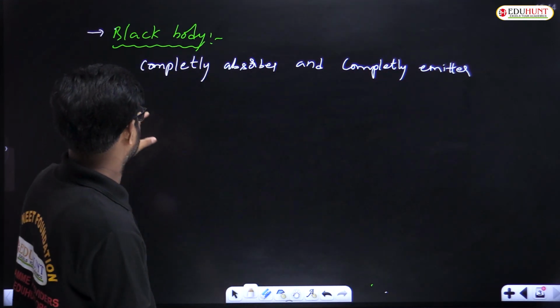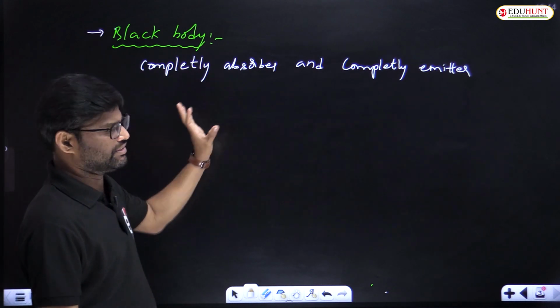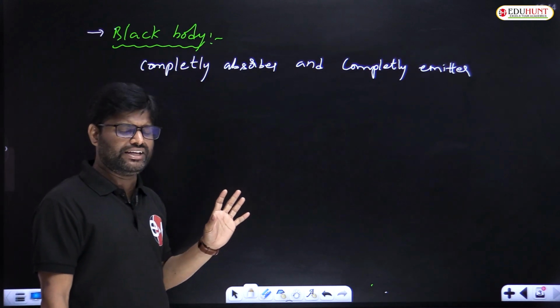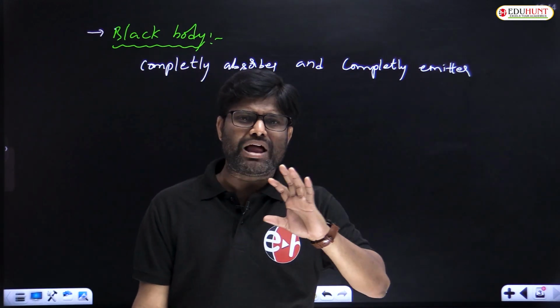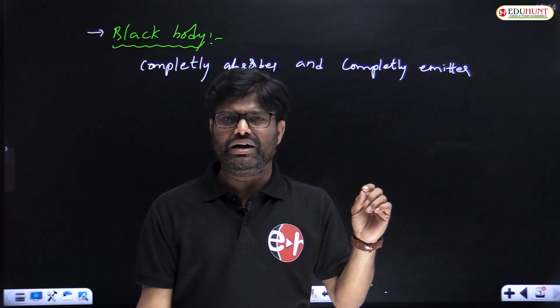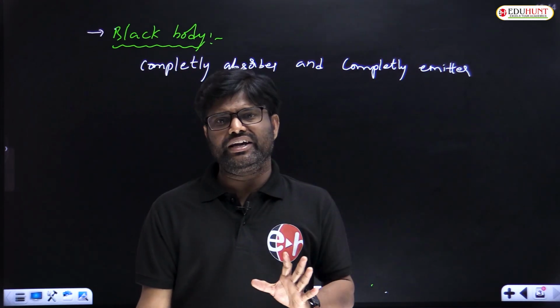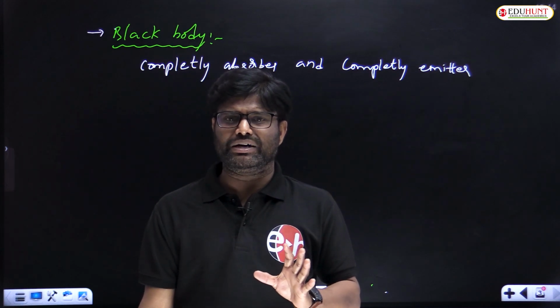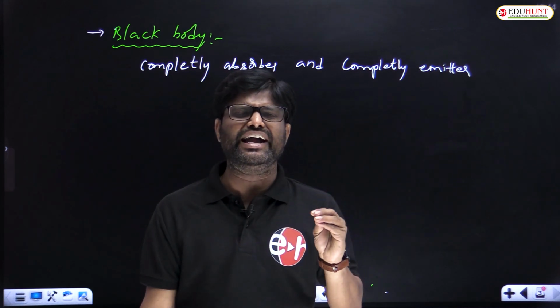Okay, children? So this is the definition of black body. Let's go to nature. There is no 100% black body, but a few black body examples exist, though not 100%, only 99%.